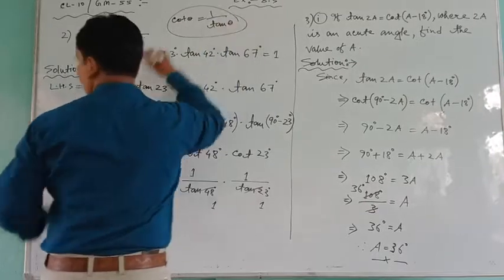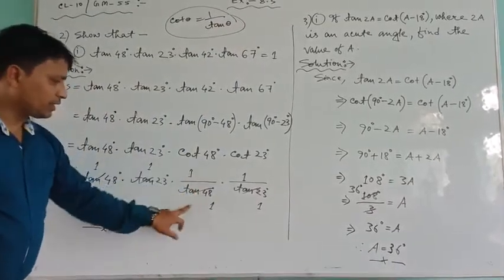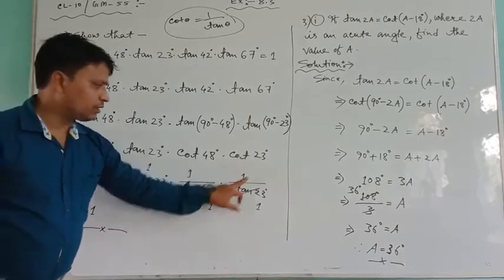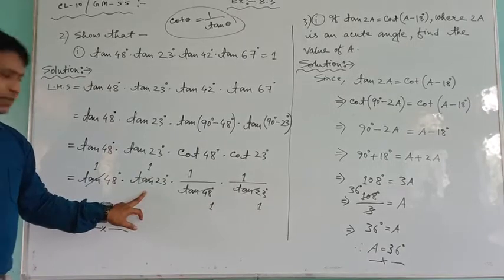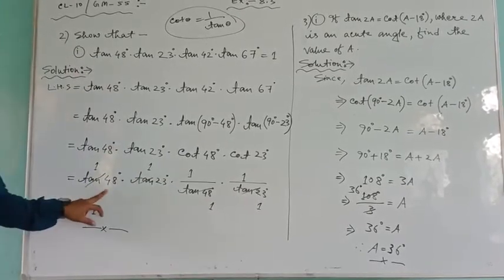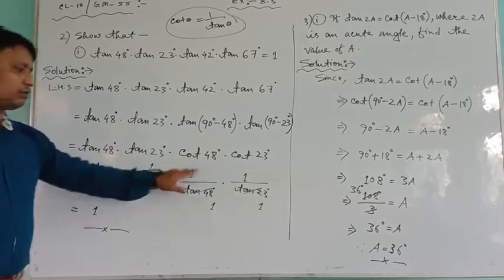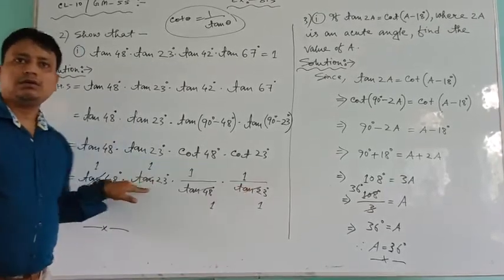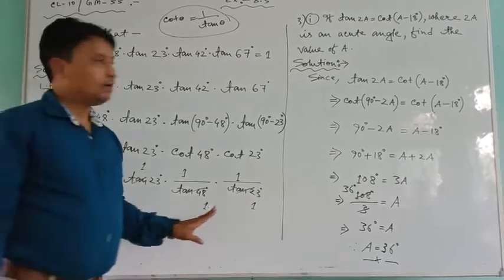This formula we have to apply. Tan 23, tan 23 cancel. Tan 48, tan 48 cancel. Then only 1 remains. 1 into 1, 1. All 1s you multiply, then you will get the answer 1. Is it not?